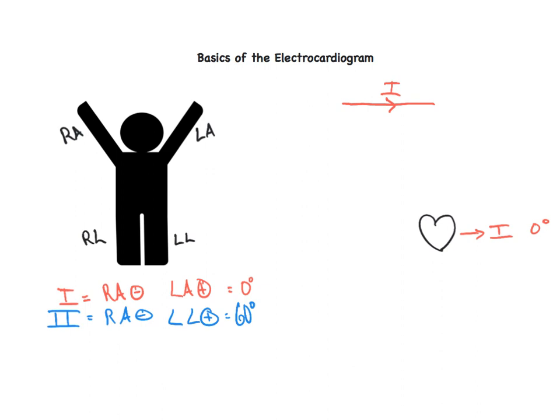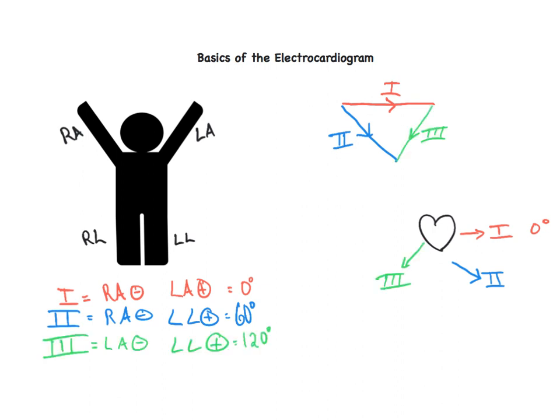Lead 3 is comprised of a negative left arm electrode and a positive left leg electrode. Together, these bipolar limb leads make up Einthoven's triangle. This is an equilateral triangle which sets up the basis for the rest of vector determination. From geometry, we can fill in the other leads' vantage points. Lead 2 is at positive 60 degrees, and lead 3 is at 120 degrees.